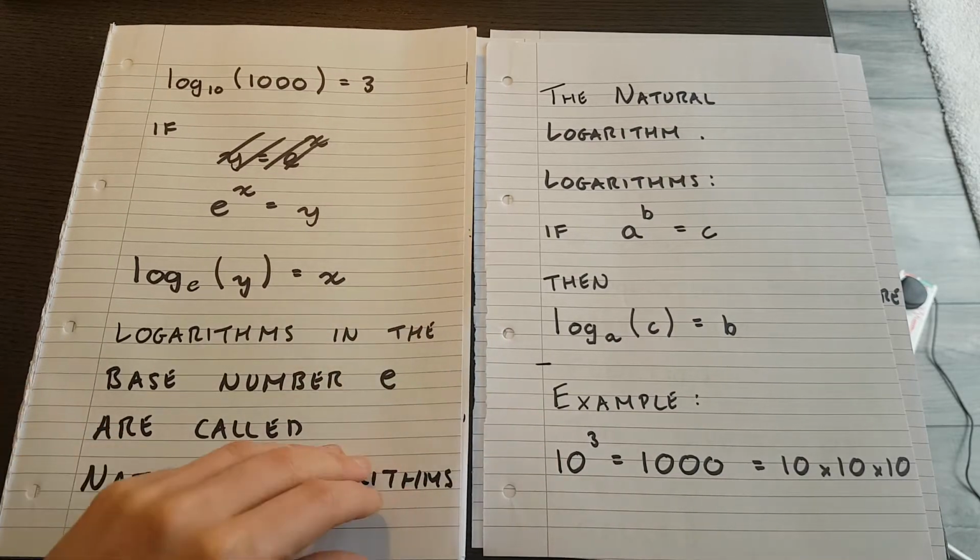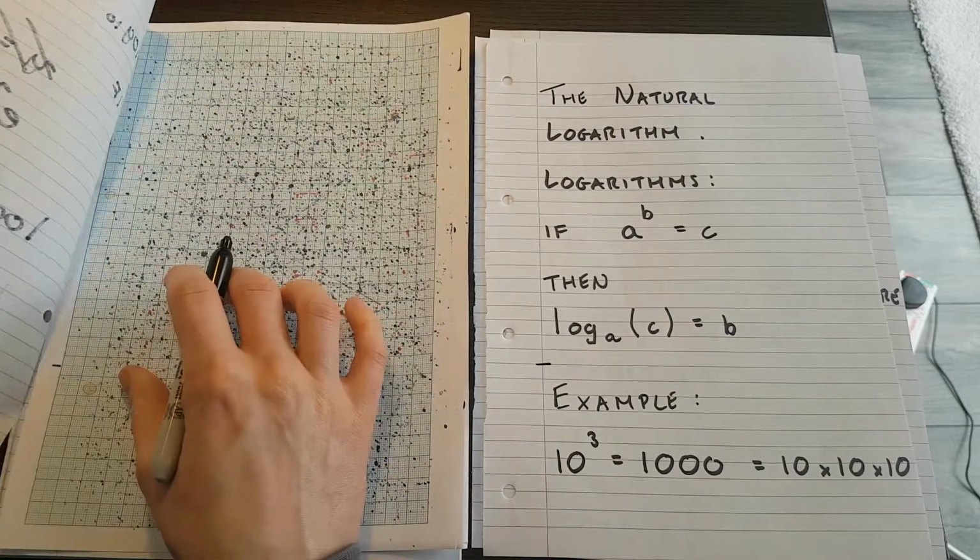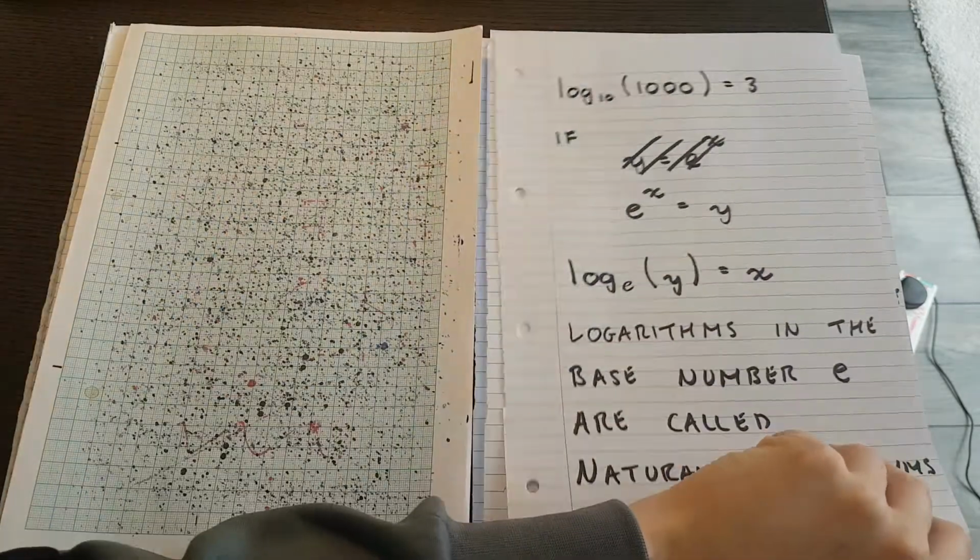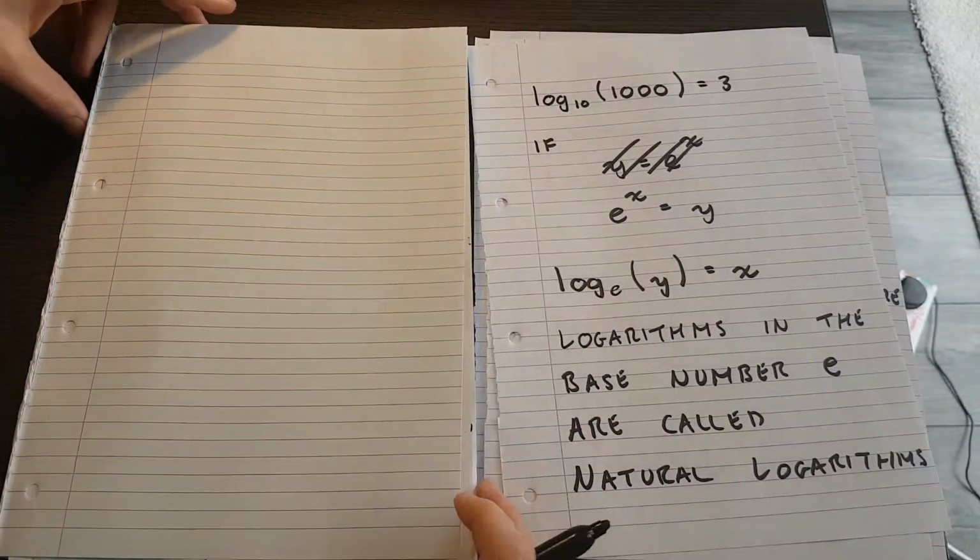Okay, logarithms in the base number e are called natural logarithms. And let's have a look at how this works.